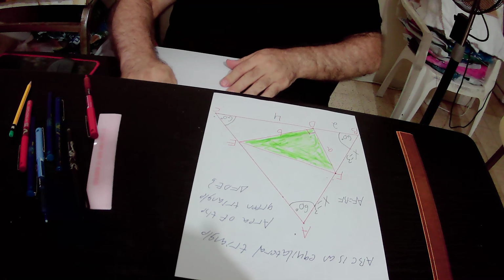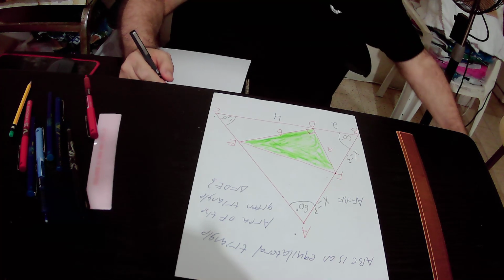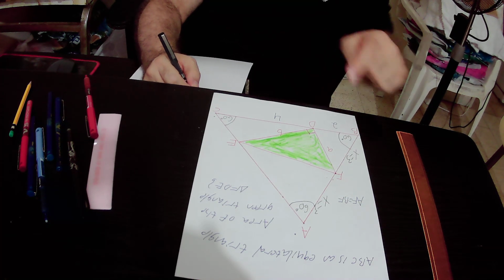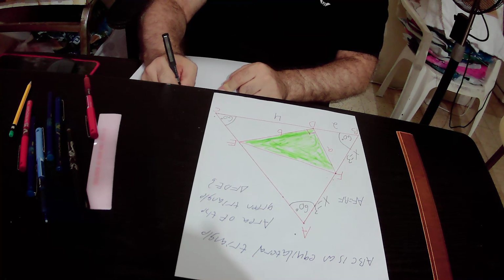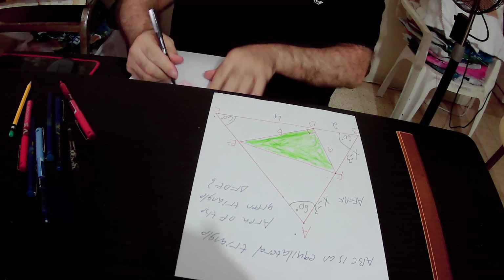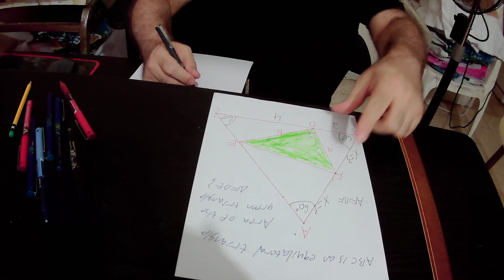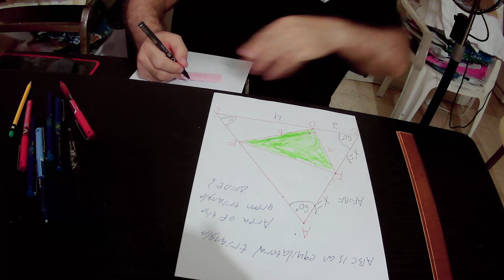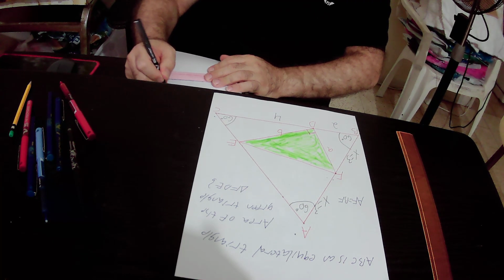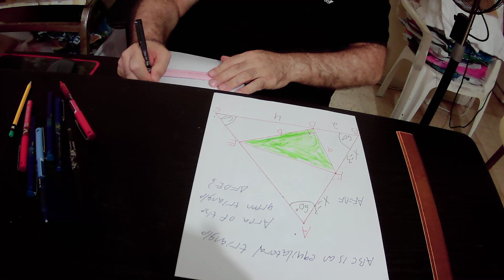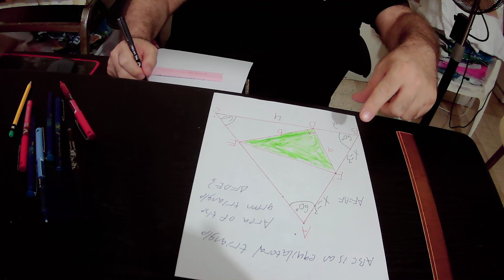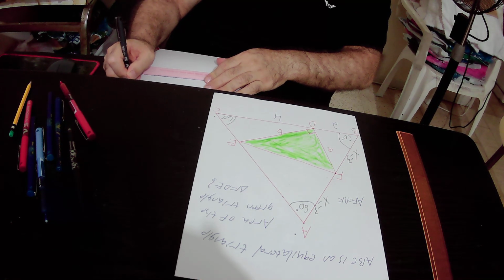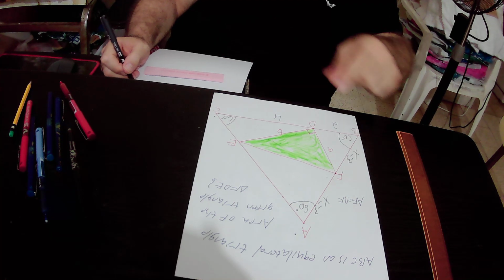So according to the law of cosines in triangle FBD, this small triangle, FD squared equals BF squared plus BD squared minus 2 times BF times BD times cosine 60 degrees.